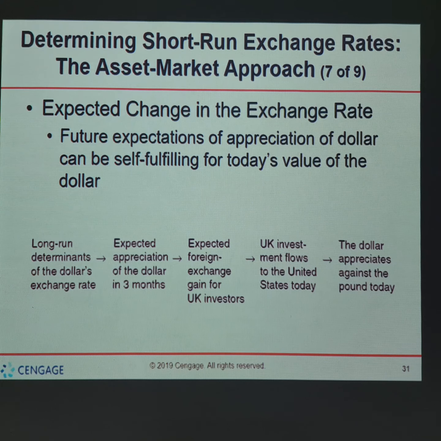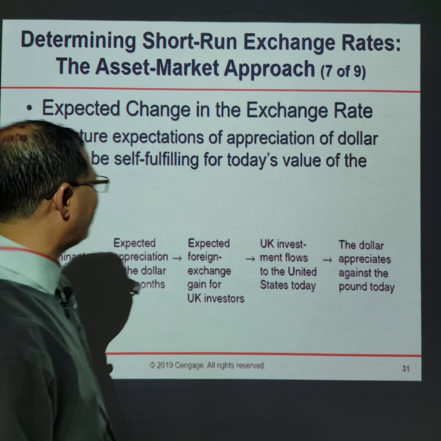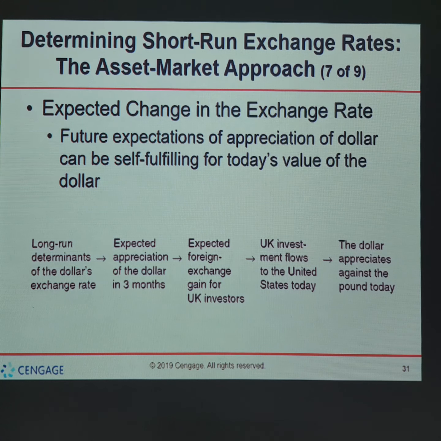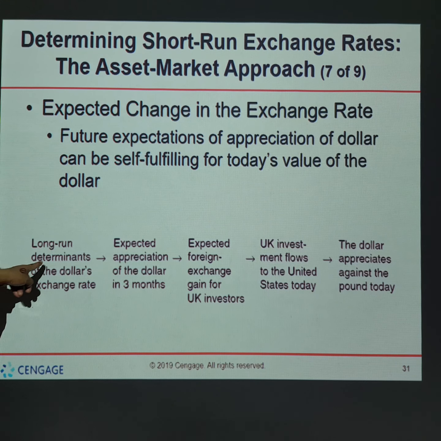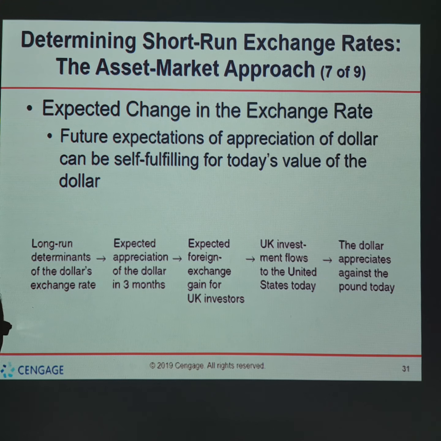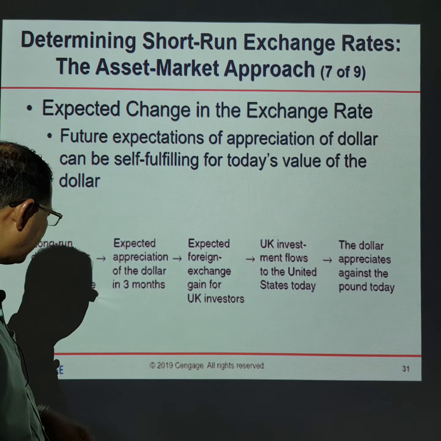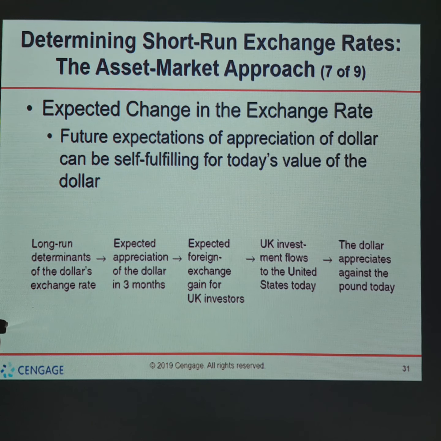So, expected change in the exchange rate. Future expectations of appreciation of the dollar can be self-fulfilling for today's value of the dollar. Long run determinants of the dollar's exchange rate lead to expected appreciation of the dollar in 3 months.